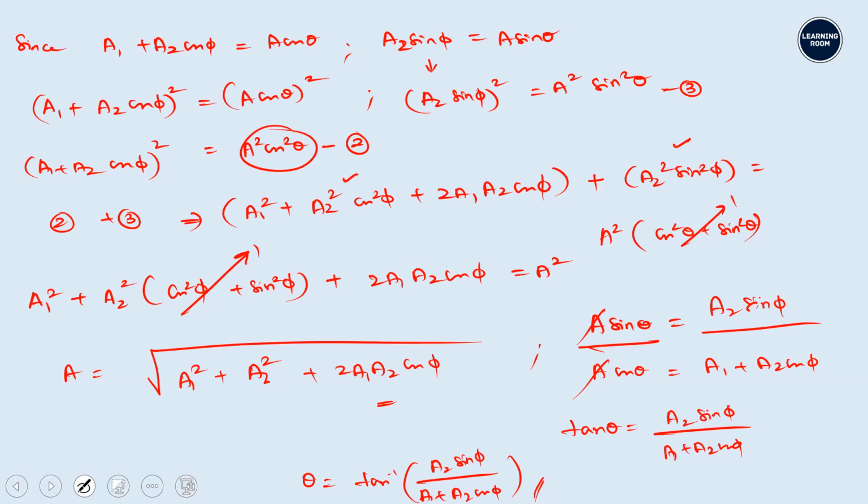Now comes an important point. We know that intensity is directly proportional to the square of the amplitude.